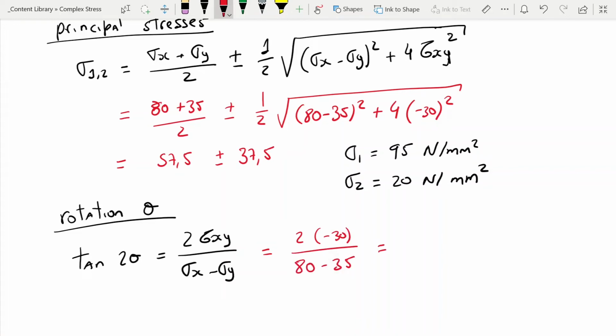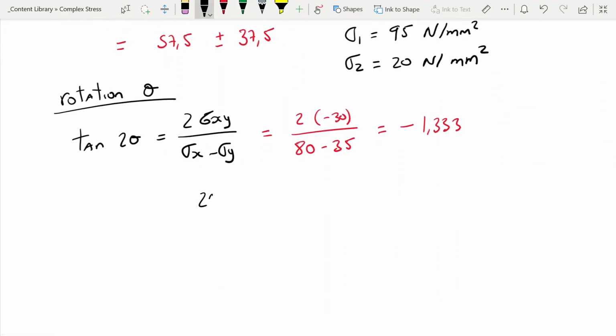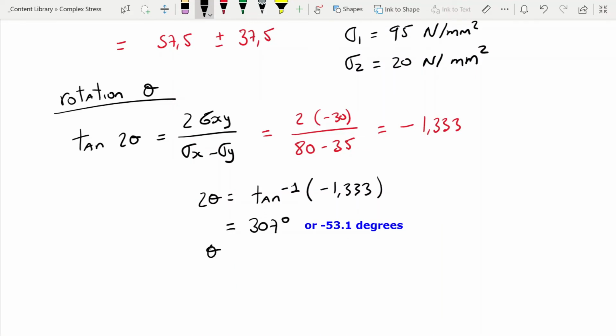If we put this in a calculator, we get minus 1.333, which means if we do the inverse tangent of this, 2 theta is equal to 307 degrees, which means theta is this divided by 2, which is equal to 153.5 degrees.